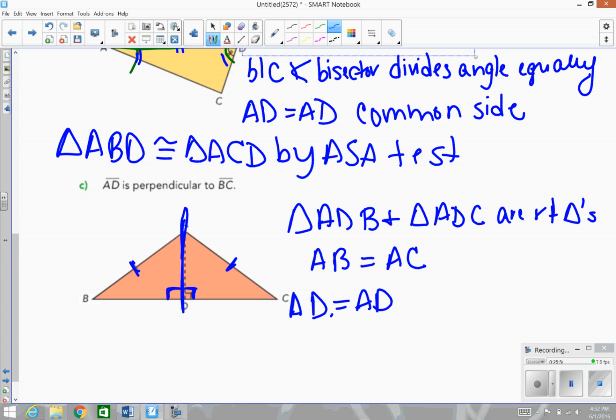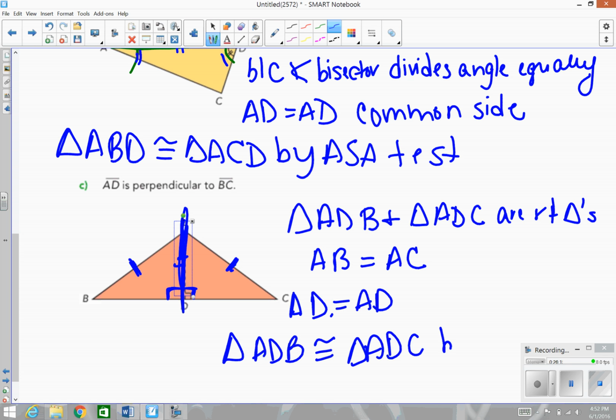So this side is your leg, and we had the hypotenuse. And we have right triangles, so we can say that triangle ADB is congruent to triangle ADC by the hypotenuse leg test.